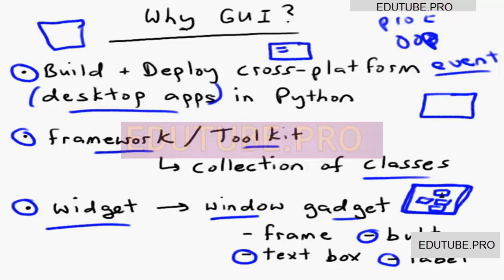Things like buttons, text boxes, labels, icons, etc., and arrange those on your grid or on your geometry whichever way best suits you and your users.